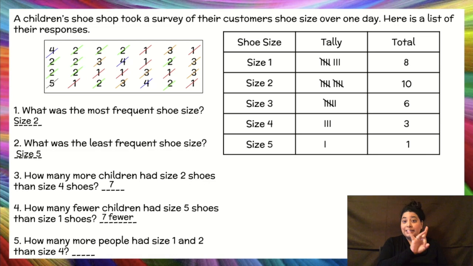Okay, and we're going to be taking away however many there are for size 4. So 18 minus 3. Go ahead and solve that. I'm going to give you a few seconds. You should have gotten a total of 15. All right, go ahead and give yourself a pat on the back, and I will see you next time.